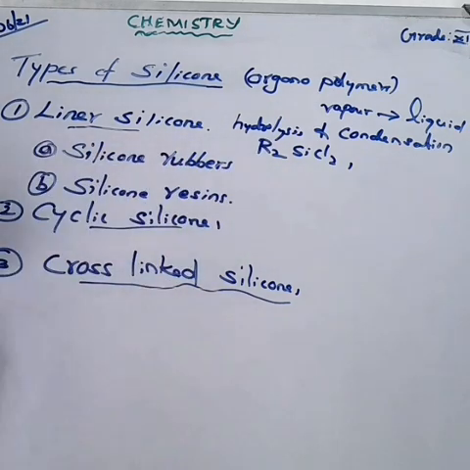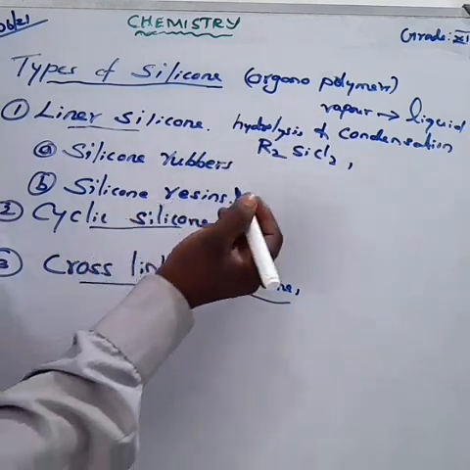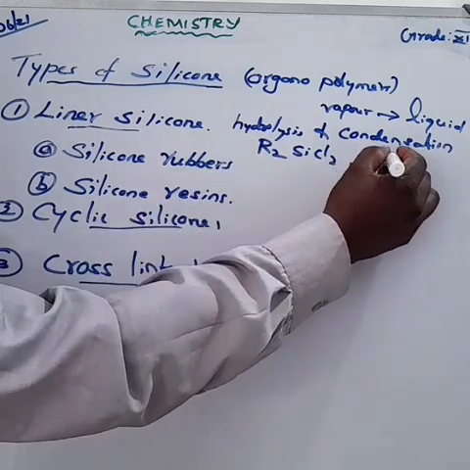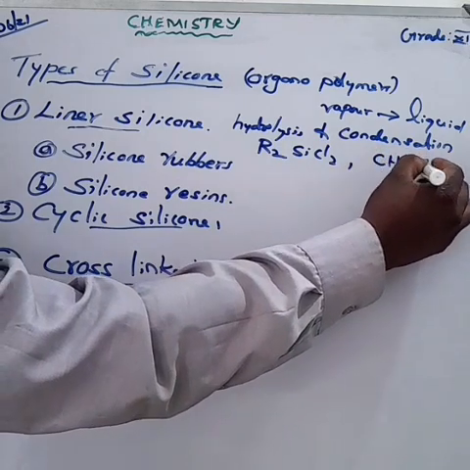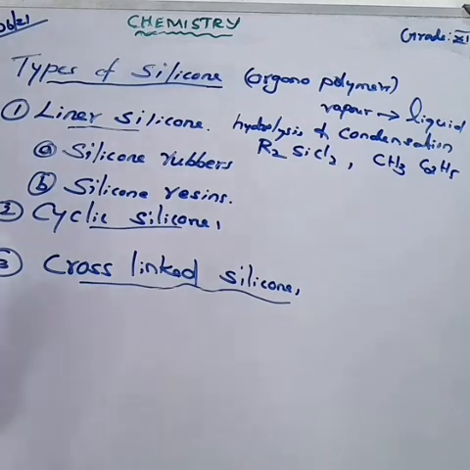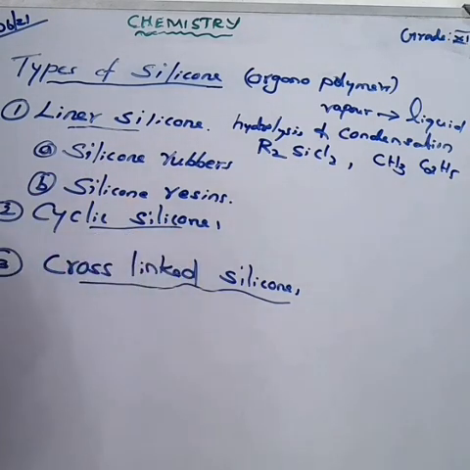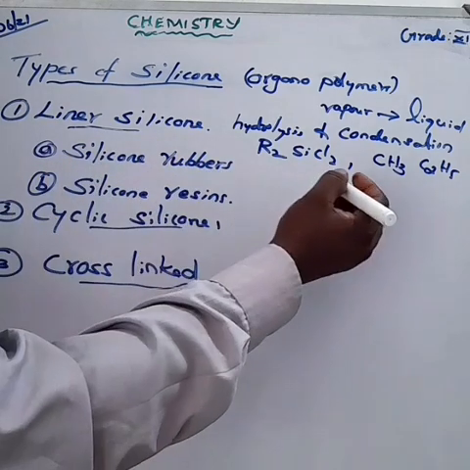Dialkyl. Alkyl, we know R is alkyl, which means CH3 methyl, CH3CH2 ethyl. So alkyl group, YL group. Alkane is converted into alkyl. What is the formula of alkane?